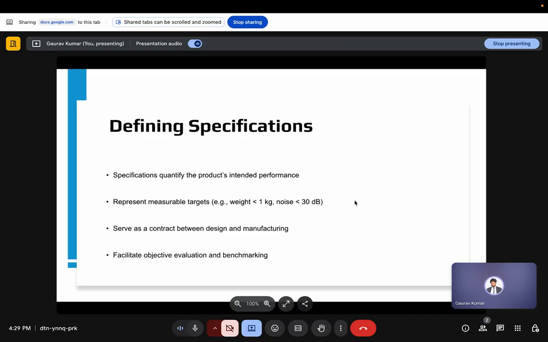No padding, no wish listing. They reflect stakeholder priorities and manufacturing realities. Specs enable benchmarking, simulation and test planning. They also enable change control: deviations require rationale and impact analysis. So by turning adjectives into numbers, we make creativity testable.